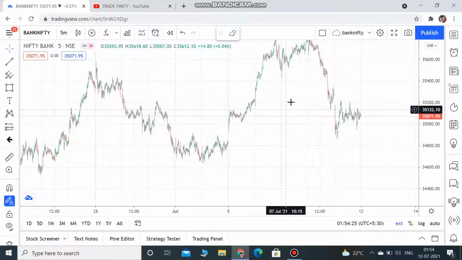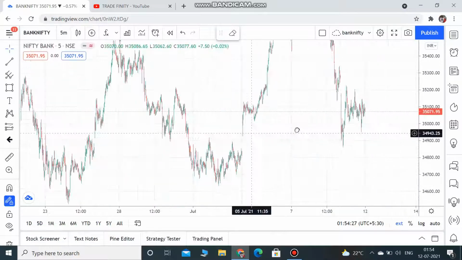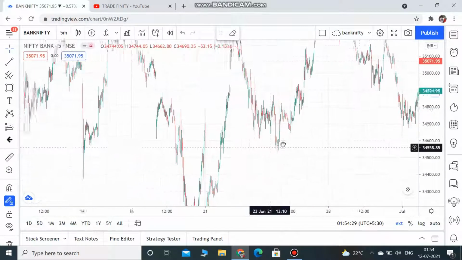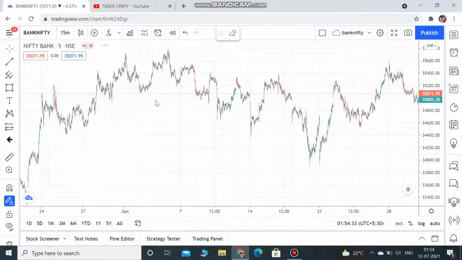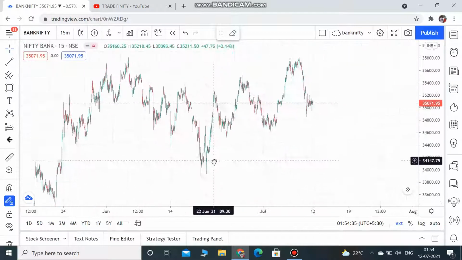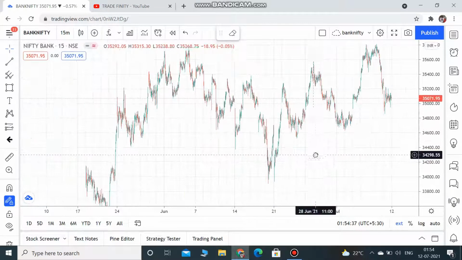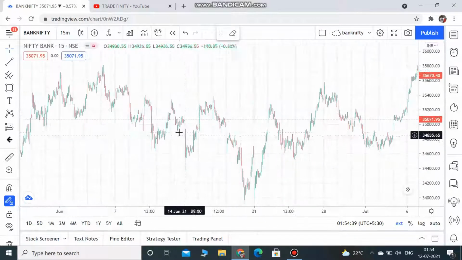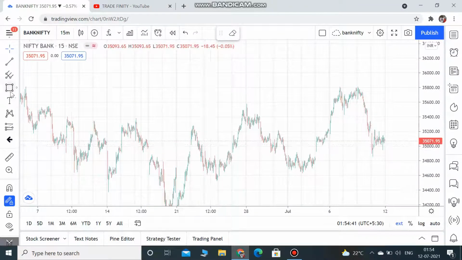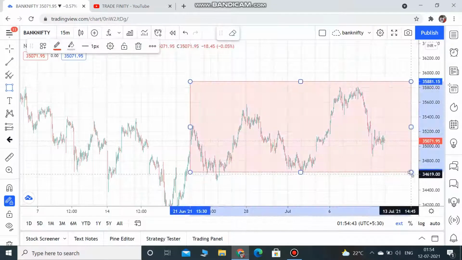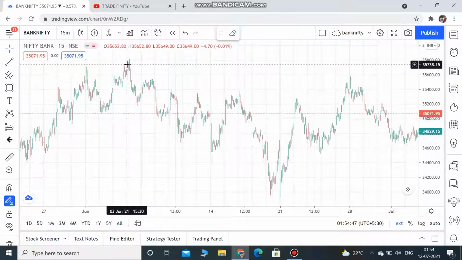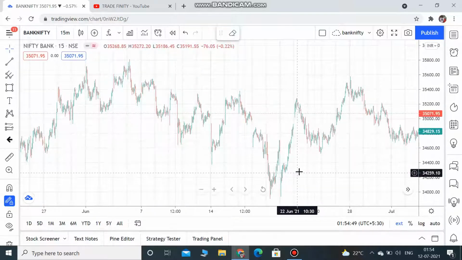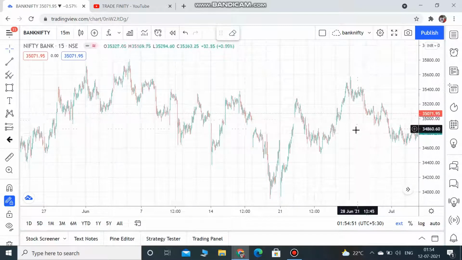zones. Okay, so what I will be doing here is, you will have to go to a higher frame for this. When you go to the higher frame, first thing you will have to do is, suppose I don't know what's going to happen here. Okay, so I will be analyzing things from here to trade on this part.